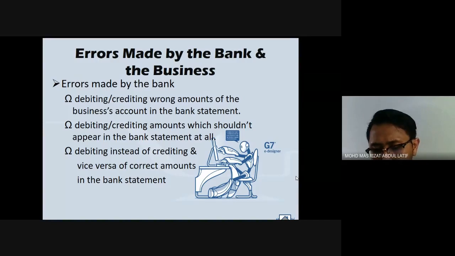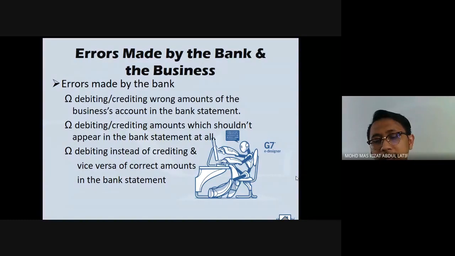Tiba-tiba ada satu amount dekat either debit ataupun credit yang bukan milik perniagaan Salleh tetapi milik perniagaan Saleh. Apa beza dia? Perniagaan Salleh yang pertama, ejaannya S-A-L-L-E-H. Yang satu lagi, S-A-L-E-H, satu L. Beza dia kat bilangan L itu. Itu pun boleh menyebabkan kesalahan lah.